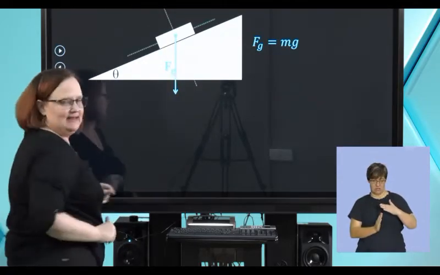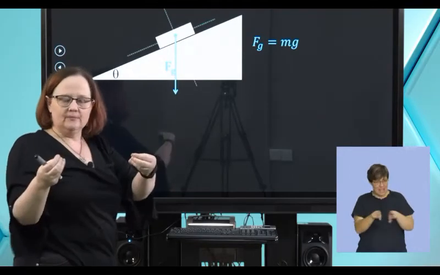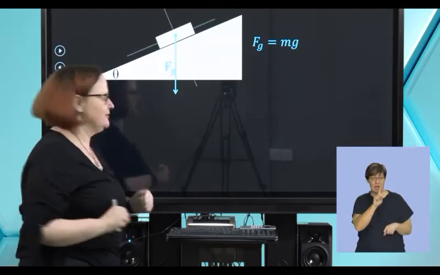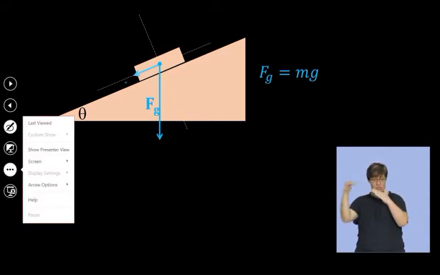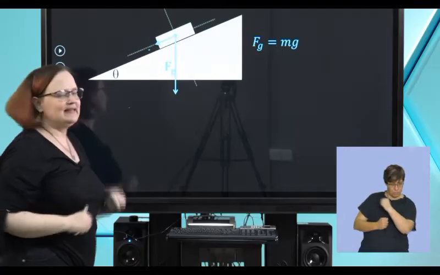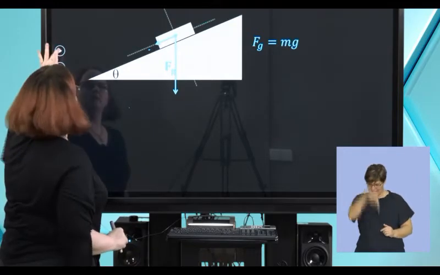So I can take Fg and break it up like the vertical and horizontal components, but I'm going to use parallel and perpendicular instead. So part of weight is parallel to the slope. That part is what pulls it down the slope, and it always pulls it down. That can never go up. Why? Because gravity acts down.